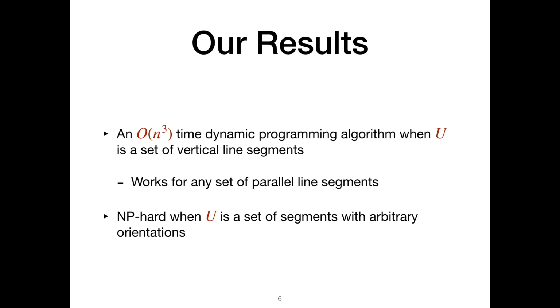This algorithm also works for any set of parallel line segments. We also prove that it is NP-hard when U is a set of segments with arbitrary orientations. Now I am going to show you our algorithm, but before that I need to give some definitions.